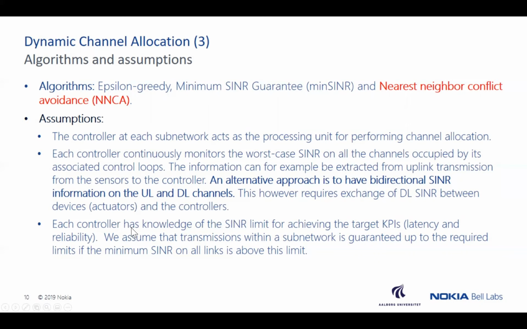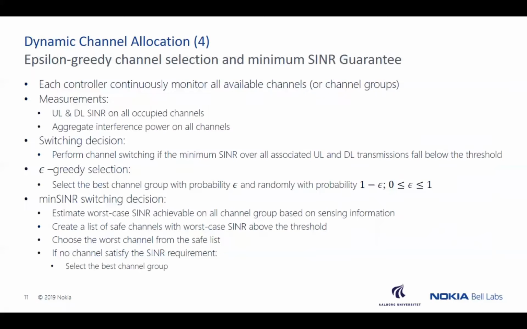Based on this knowledge, it can then initiate a switching condition when the worst case SINR starts to go below the target SINR to guarantee the latency and reliability requirement for the control loops.